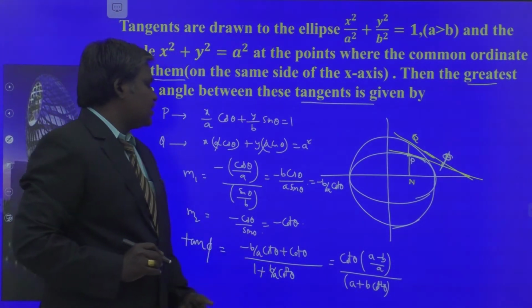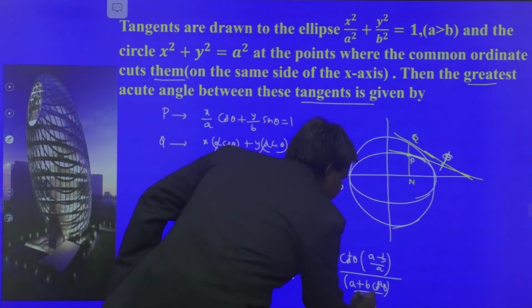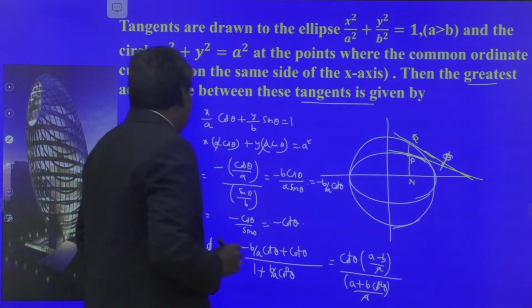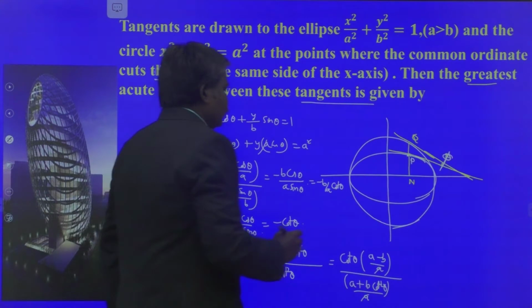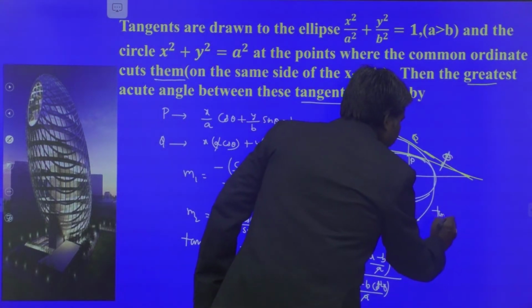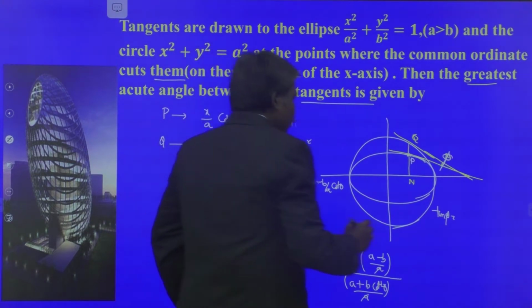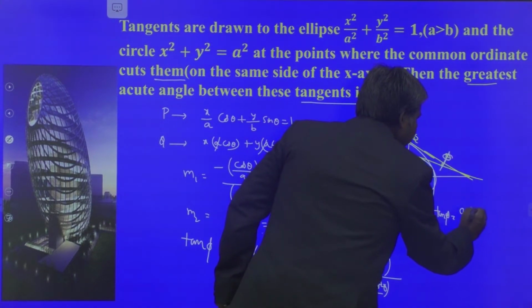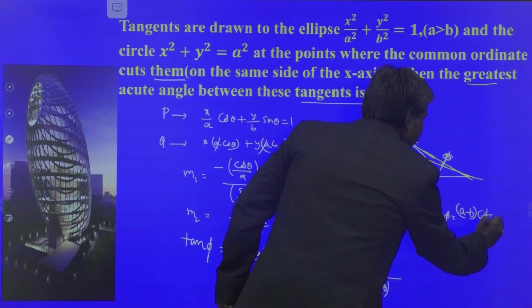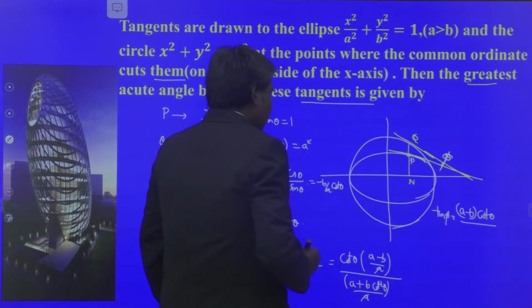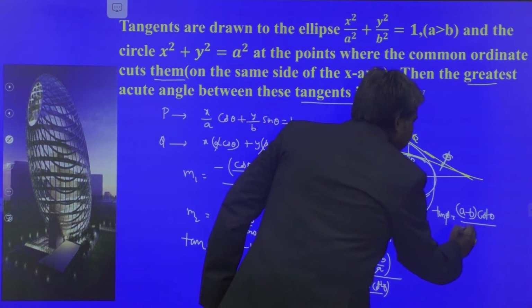So a gets cancelled by taking the LCM. So we have tan phi equal to, what is our tan phi? (a − b) cot theta by (a + b cot² theta).